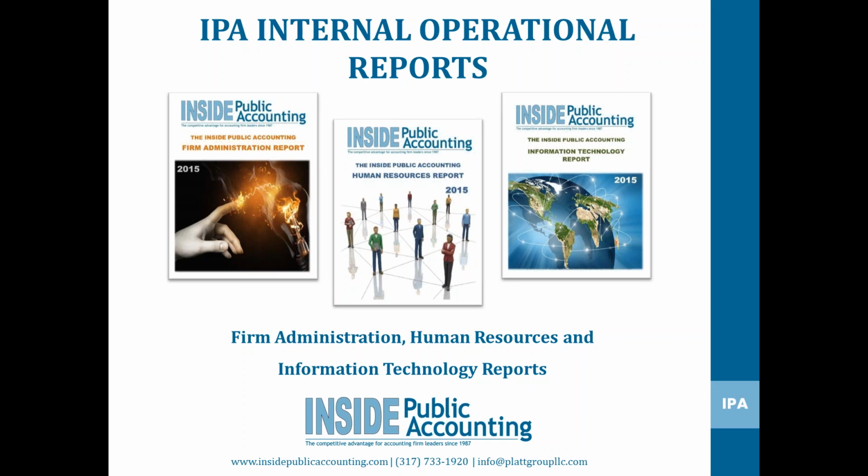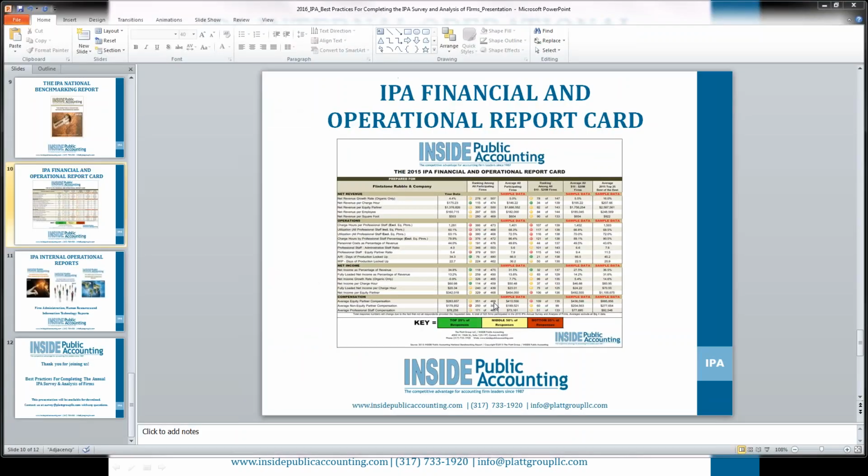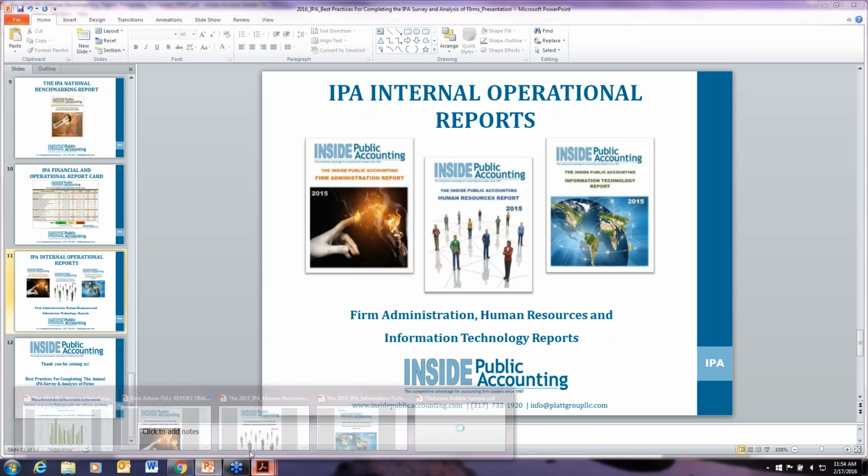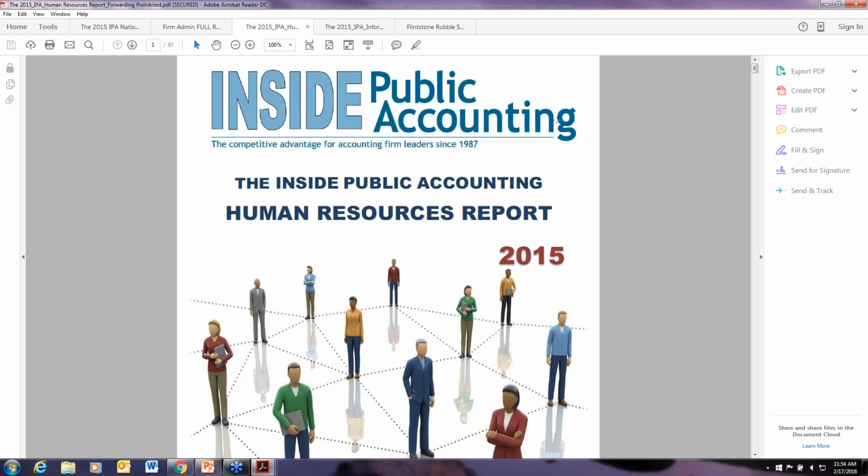And again, there's no cost to participate in these surveys, and you will receive a complimentary executive summary when all of the data has been compiled later this year. If you don't have these surveys and would like to participate, please contact us and we'll be happy to send them to you. We have a full report for these 3 surveys that is available for purchase as well.